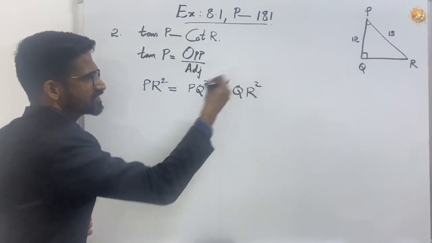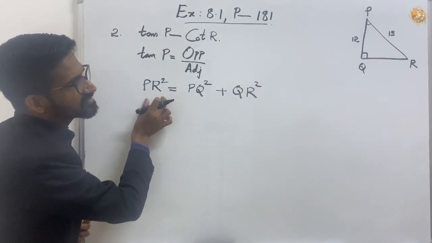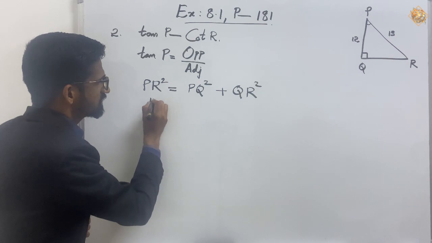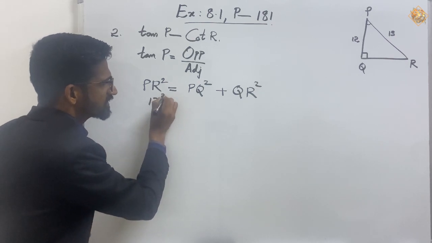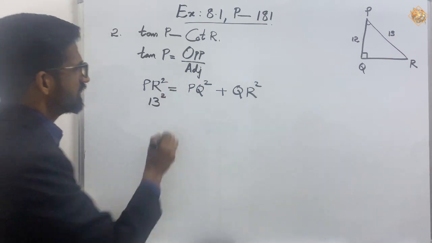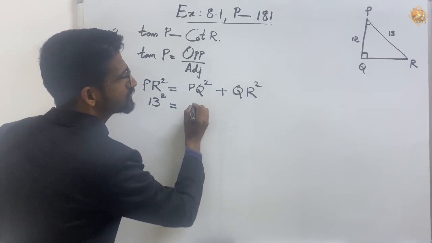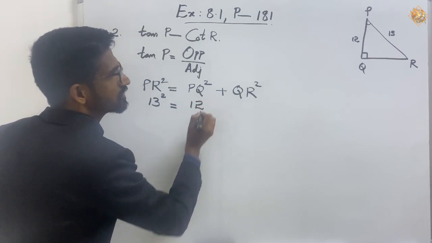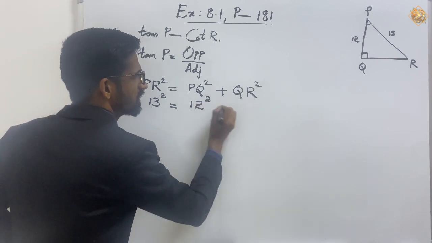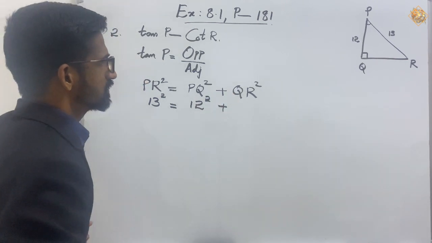Now when we apply these values, PR is given as 13, so PR square is 13 square. PQ is given as 12, so 12 square plus QR square, which we have to find.